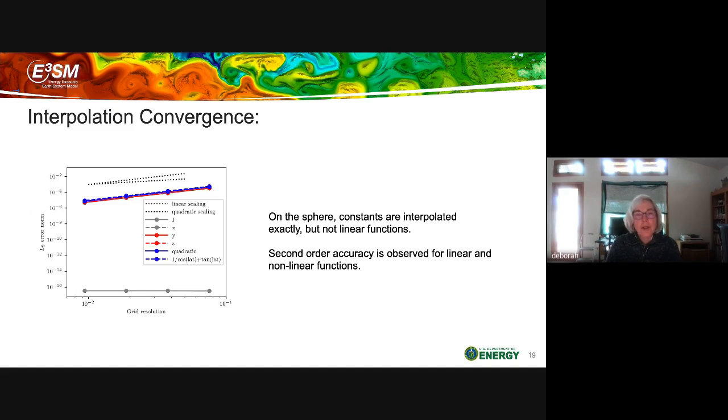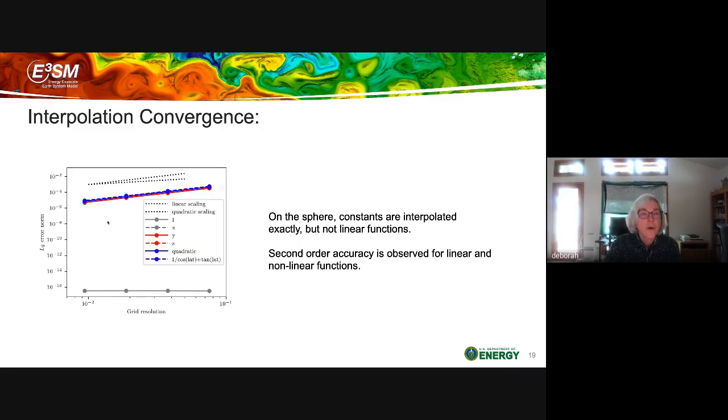So this is just looking at convergence of interpolation using the Fox-Press basis functions. And what we're seeing here on the bottom is for interpolating a constant 1, and you can see that we're at machine precision. So that's the partition of unity property.